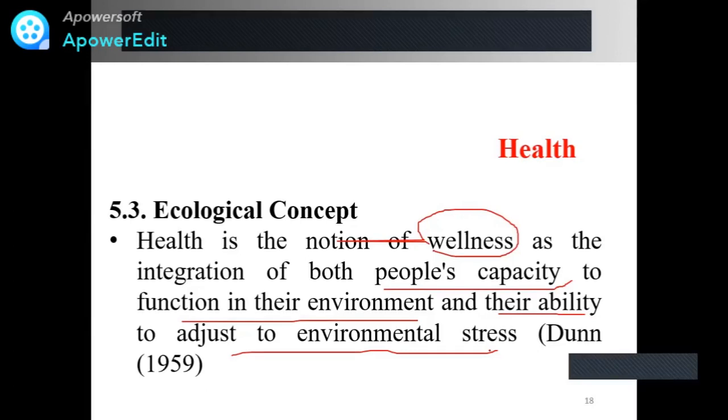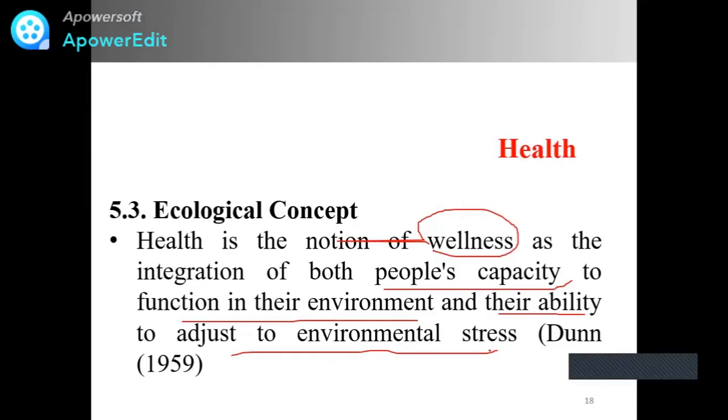According to this definition, health is the notion of wellness that integrates two things: people's capacity to function in the environment, how I function in the general environment, and the ability to adjust to environmental stress, how I adjust to the environment. Here two aspects are considered.